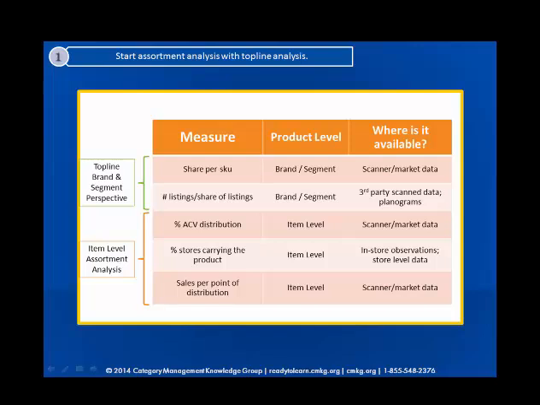But it's really critical to start at the top line level to look at brand and segment perspective. And far too often we see that when we start with an assortment analysis, people jump right into the item level and go straight for that item rank and start analyzing some of the item level. But it's really critical to start so that you see where the bigger category opportunities may lie.